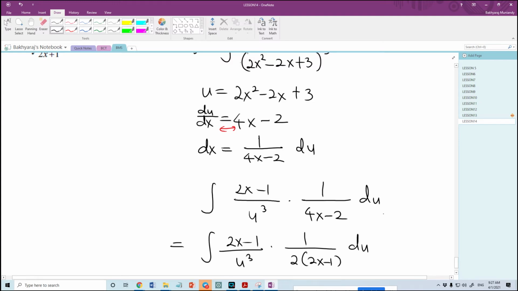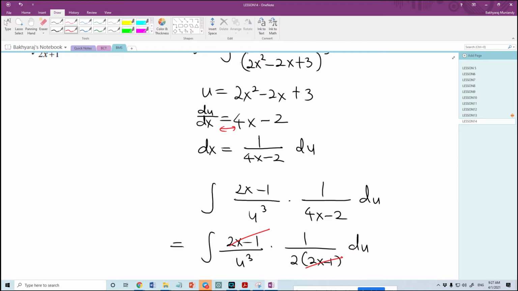The same thing but multiplied by 2, right? So we need to take out the 2, so that we can cancel the 2x minus 1. Remember, the x must cancel. You must cancel it by substitution or by manipulation. We need to cancel the x, otherwise you cannot go for the solution.